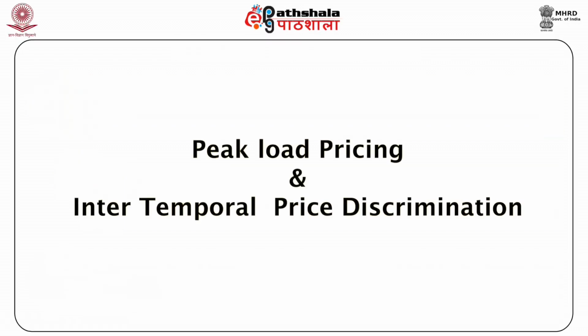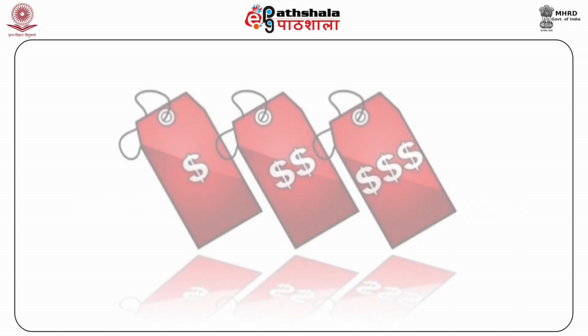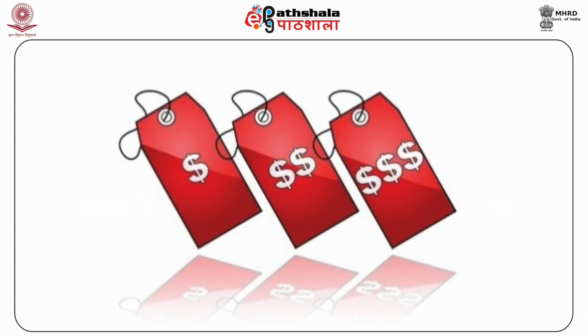Next is peak load pricing and intertemporal price discrimination. Intertemporal price discrimination works under the assumption that the marginal cost associated with the output at different points in time is constant. However, this assumption does not always hold.